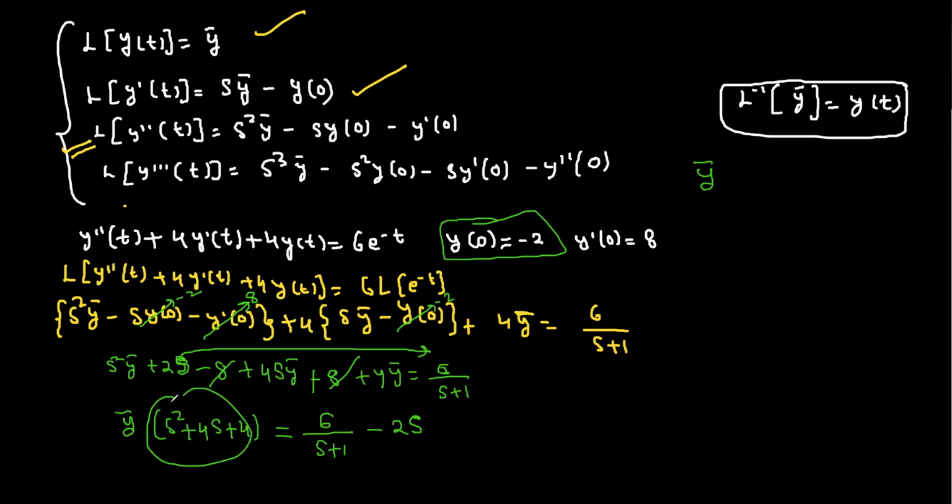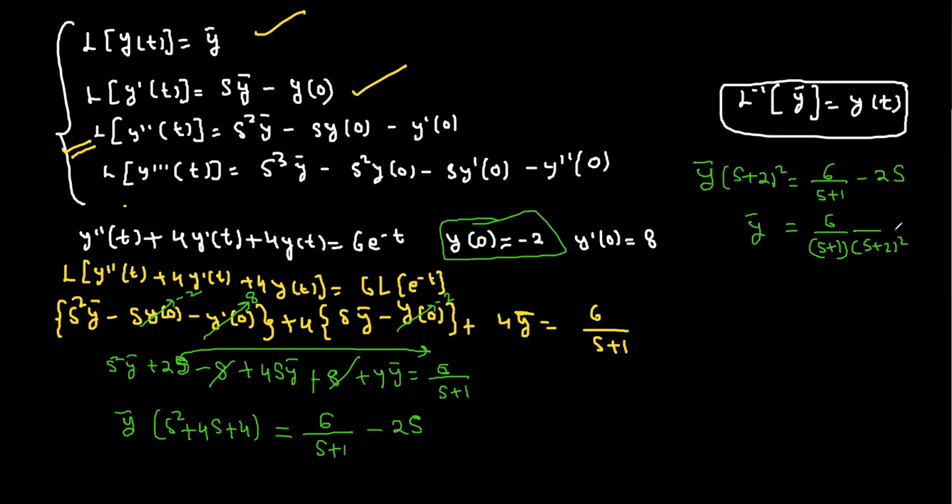This is nothing but s plus 2 whole square. Now see, 6 upon s plus 1, s plus 2 whole square, minus 2s upon s plus 2 whole square. Right?